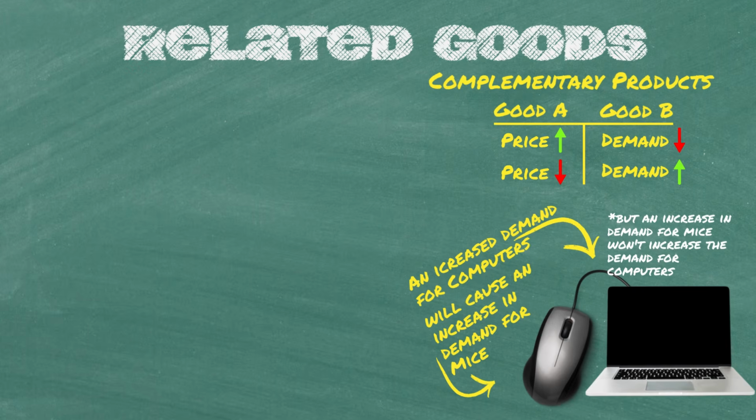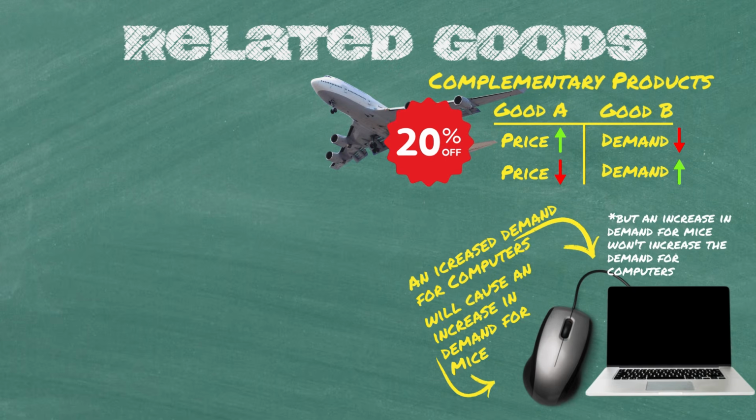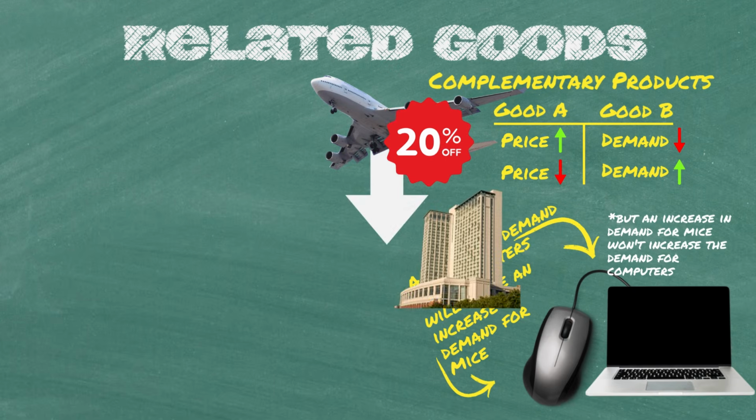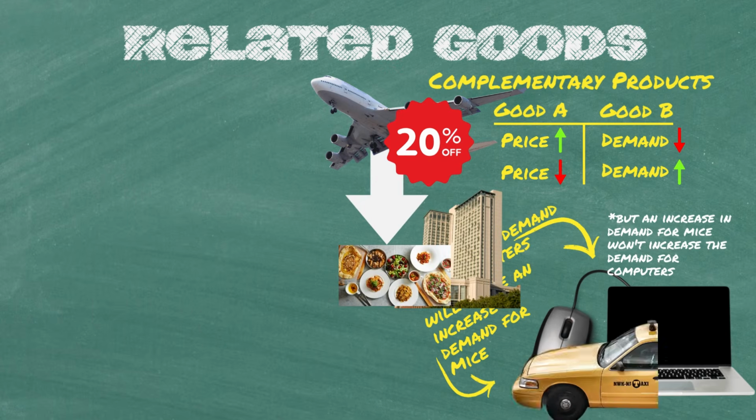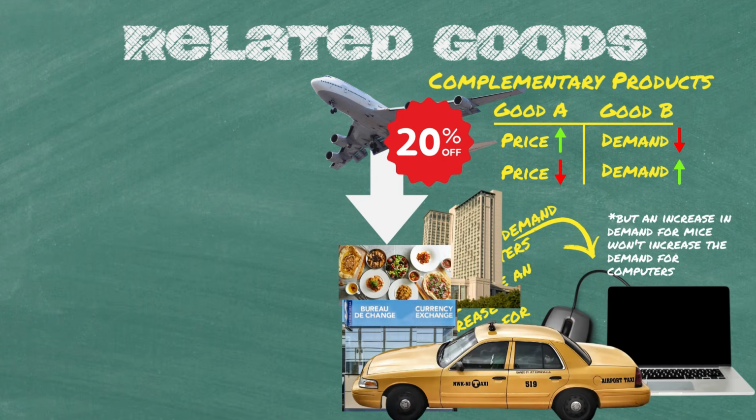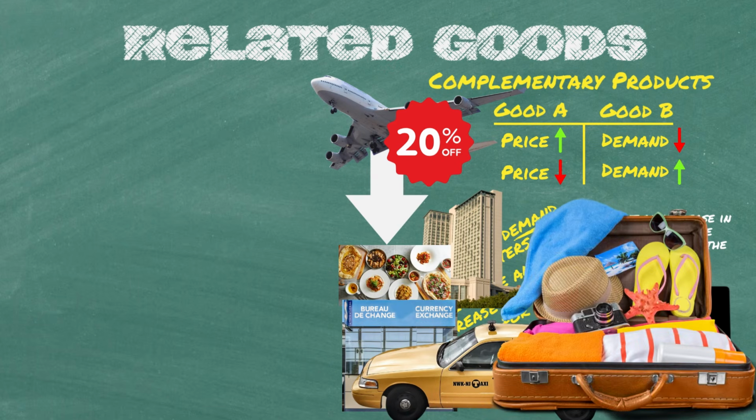The tourism industry has a lot. If airline tickets are cheaper, more people will travel, which means the demand for hotels, restaurants, taxis, malls, entertainment venues, money exchange vendors, and so on, along with things like sunscreen, suitcases, sunglasses, hats, swimsuits. The list goes on and on.